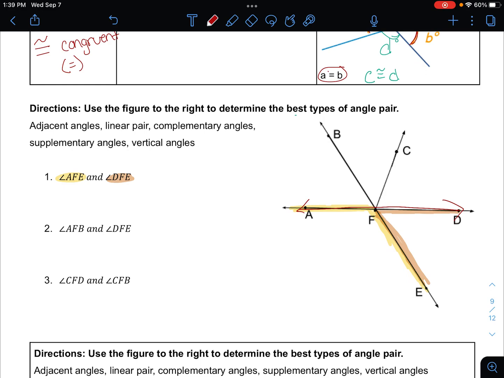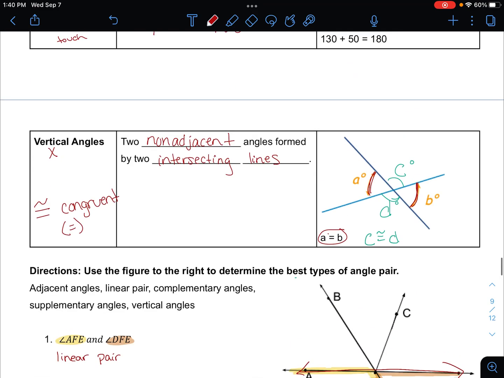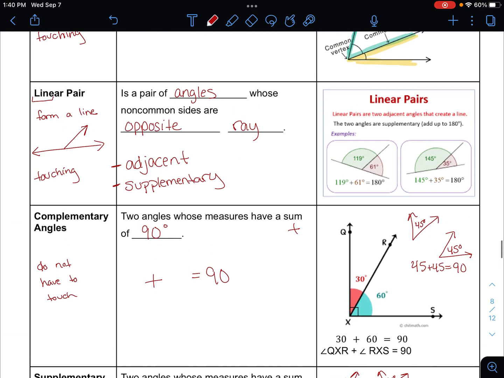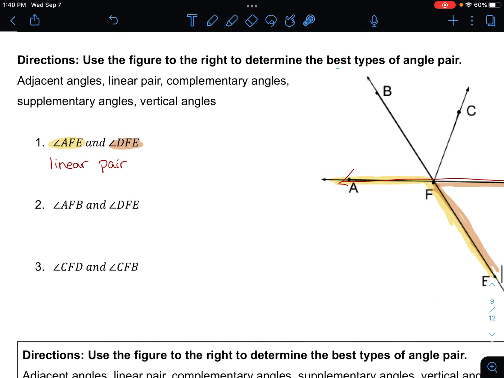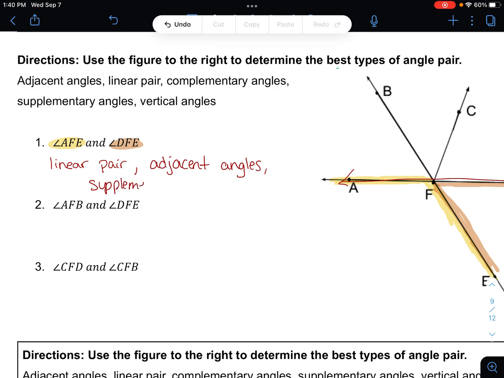Well, that's our most specific one, which is a linear pair. But if you remember, in that box of linear pair, we also wrote adjacent and supplementary. Okay, so we need to also include those words for this one. Anytime you write linear pair, you will also put adjacent angles and supplementary angles.